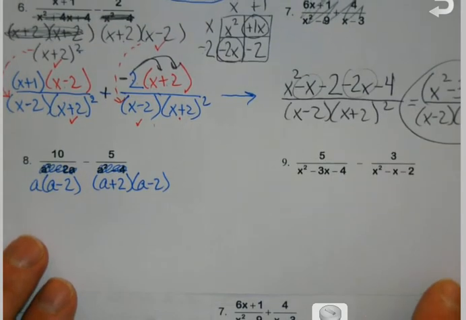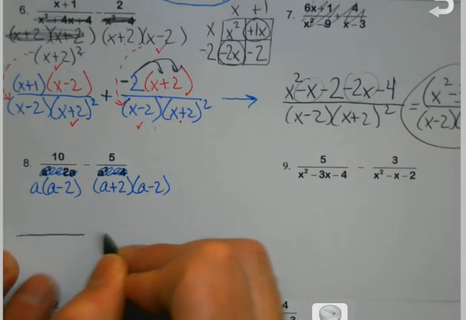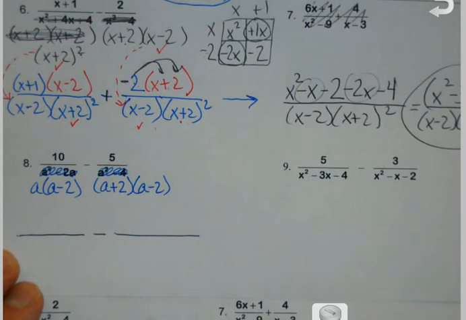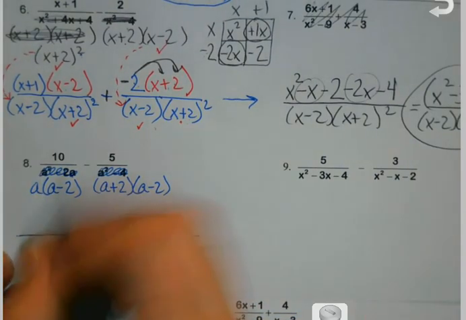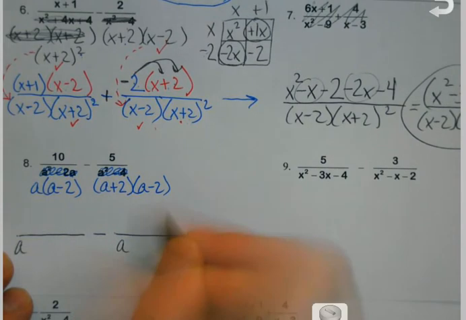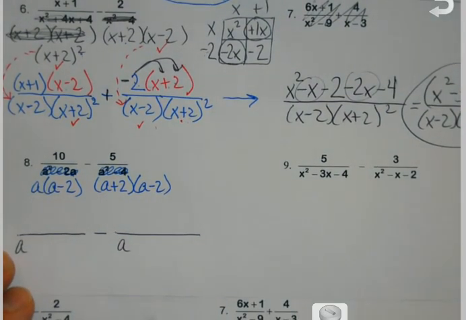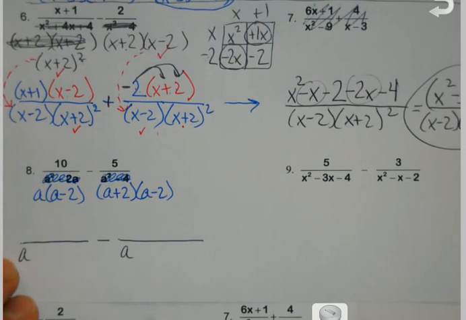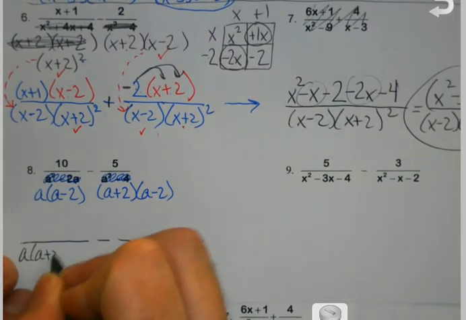And again, when I go looking for my common denominator, I go, okay, any coefficients, any numbers hanging out in the front? No. Didn't have to worry about that. Any single variable terms? Yes, I have an A, so A is part of it. And then every different set of parentheses. Now this is where we're going to make a comparison with what we did in 6 and what we're going to do here. I see an A plus 2.